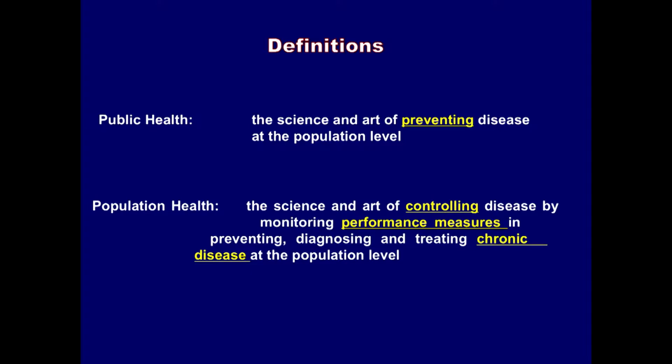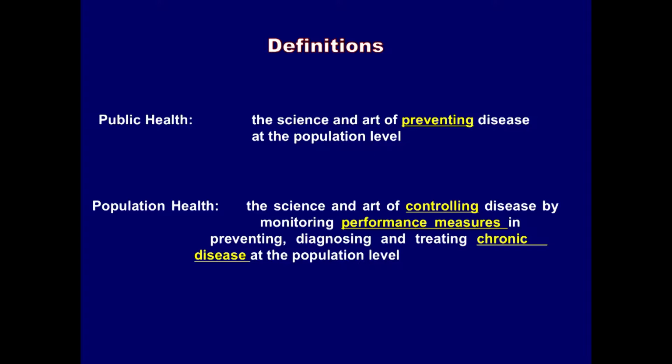Now, you wonder why is population health not public health? And the answer is that the term population health actually came as an evolution of cost reduction. That is the difference. You're essentially doing the same thing, but the reason why we're focusing on population health right now is because the healthcare system became too expensive at some point.